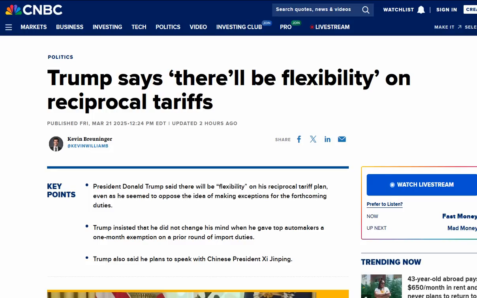Poppycock. If Trump throws tariffs on Europe and Europe retaliates and Trump throws on more tariffs, you don't think Europe's going to come to the negotiating table? That's kind of naive, don't you think?